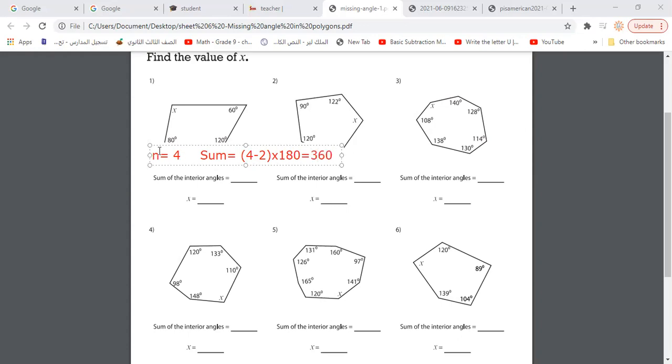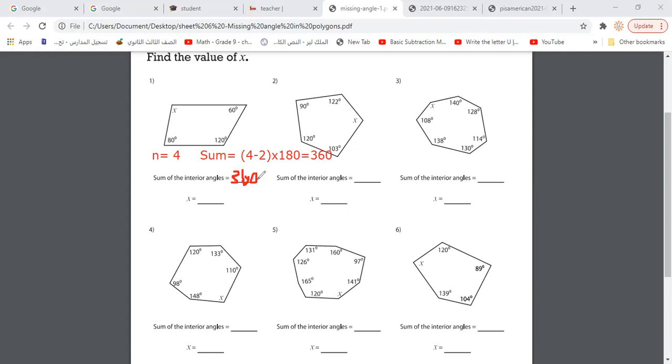So this is how we find the measure of all interior angles together. After that, we want to calculate the missing angle. The measure of all angles here will be 360.